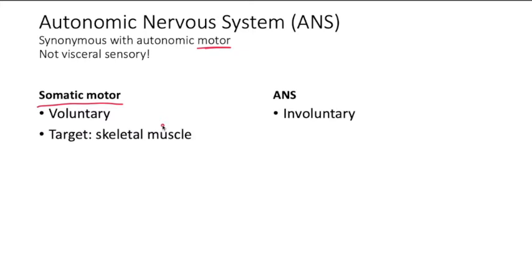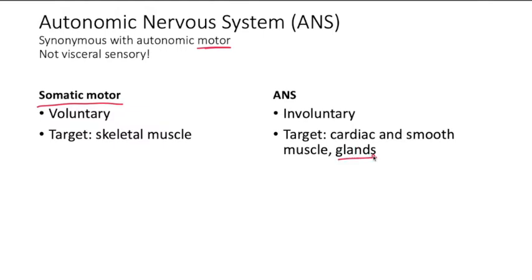So the target for somatic motor would be skeletal muscle. You know already that your skeletal muscle is voluntary, whereas the target for the autonomic nervous system is cardiac muscle, so your heart, and smooth muscle. And you remember smooth muscle is in lots of internal organs like your bladder and your intestines and blood vessels and so forth. Also, another target of the autonomic nervous system is glands.